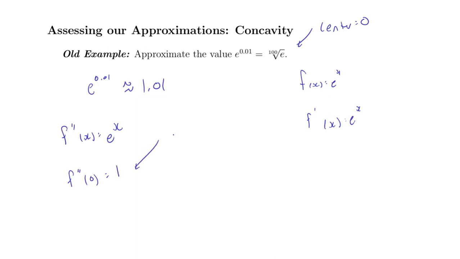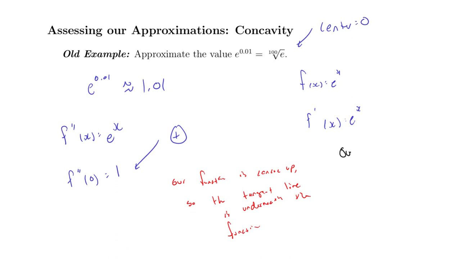That's 1, a positive number, meaning our function is concave up, so the tangent line is underneath the function. What that means is that our linear approximation is an under approximation.